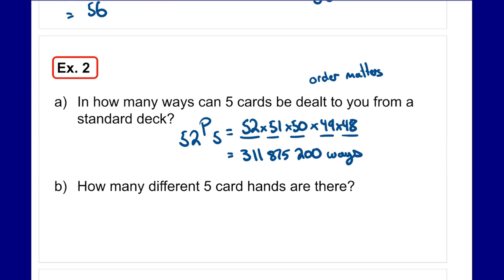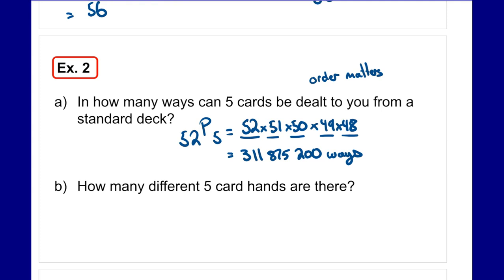Now for B, how many different 5-card hands are there? Now this is different because a 5-card hand is just having 5 cards. In this case, I don't care how it's dealt. I just want to know how many 5-card hands there are.